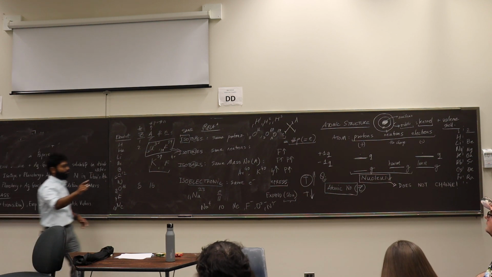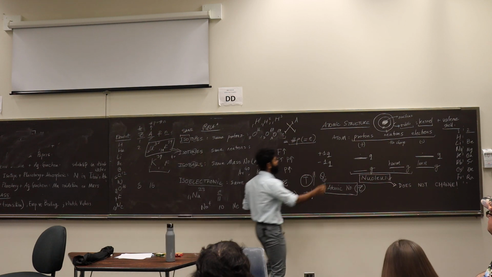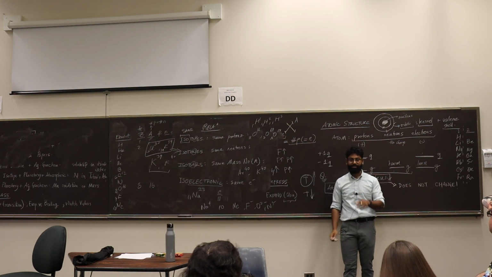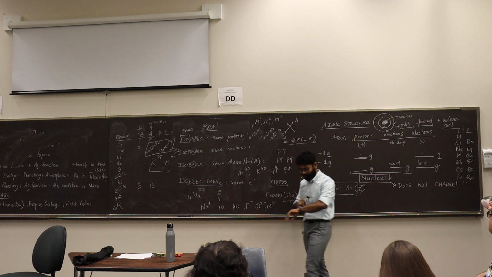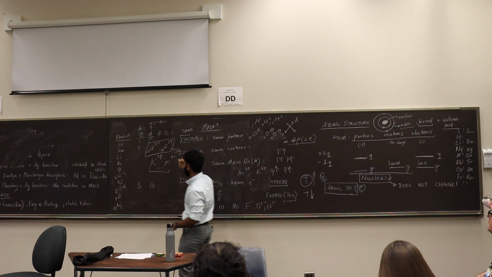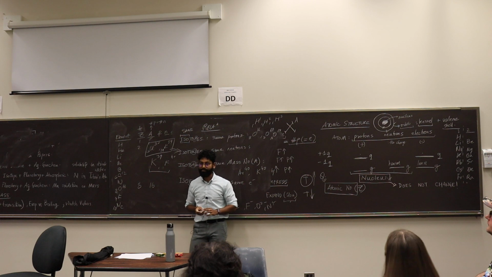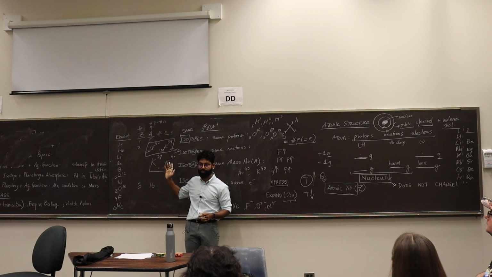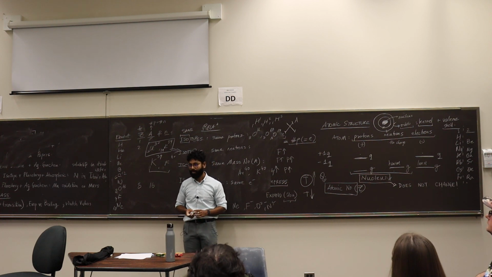Now, remember I asked a question: how can you get chlorine 35.5? The next class, you'll have to tell me why you have 35.5. It has to do with the isotopes, and it has to do with a concept called natural abundance. Okay?